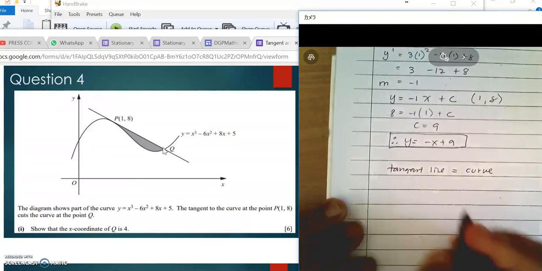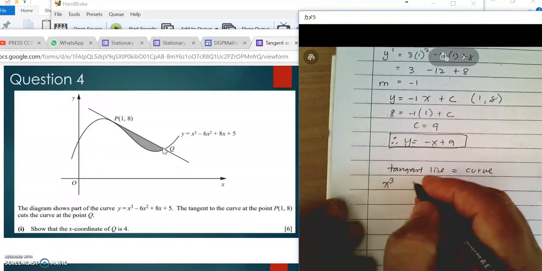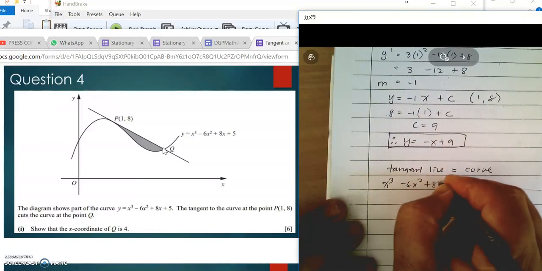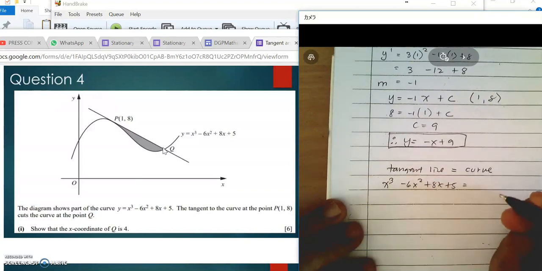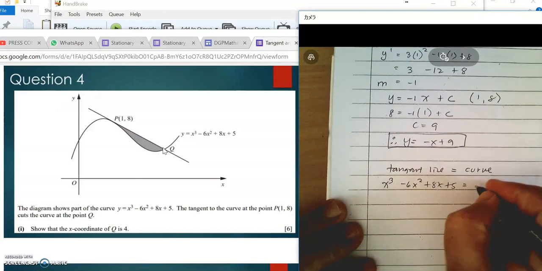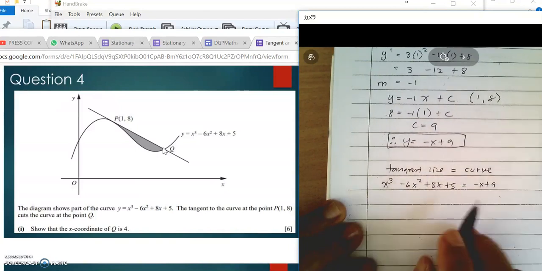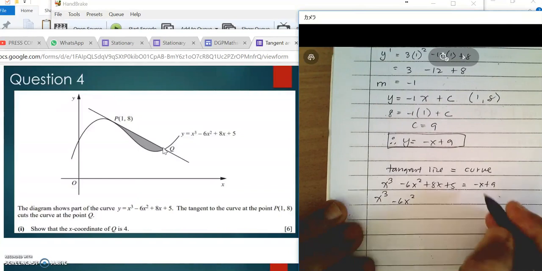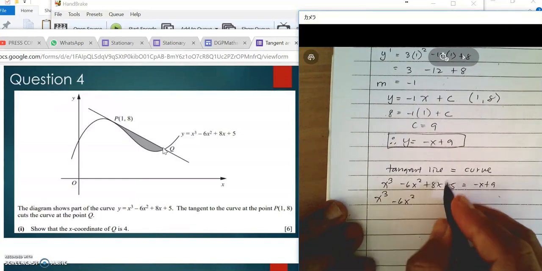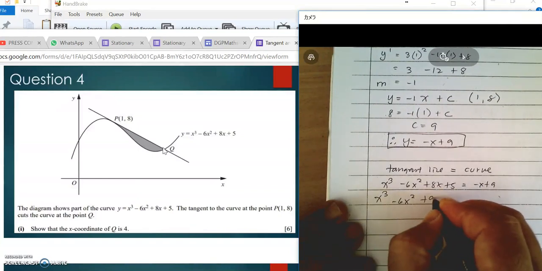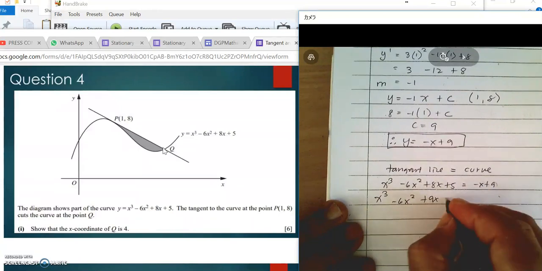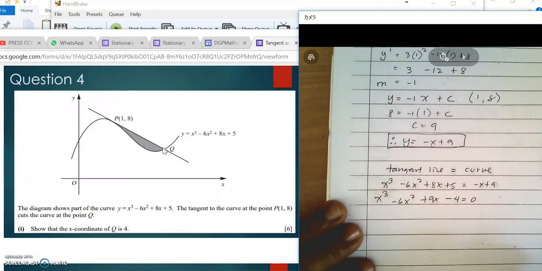So what you have now is x cubed minus 6x squared plus 8x plus 5, and that's equal to the tangent, which is negative x plus 9. When you simplify this, you have x cubed minus 6x squared plus 9x, because when you put the x to the left, 8x plus x is 9x, and when you put the 9 to the left, 5 minus 9 is negative 4, is equal to 0.